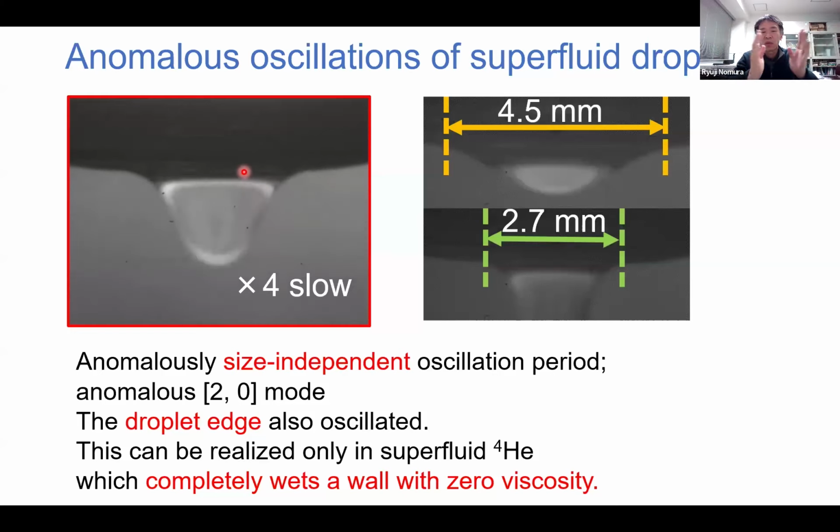So it can freely move on the substrate. And also the zero viscosity is important for this free motion of the droplet, I think. So this kind of anomalous oscillation of the pendant droplet is very specific to the superfluid droplet, I think.